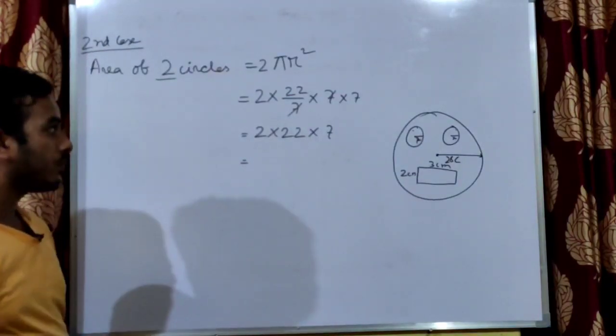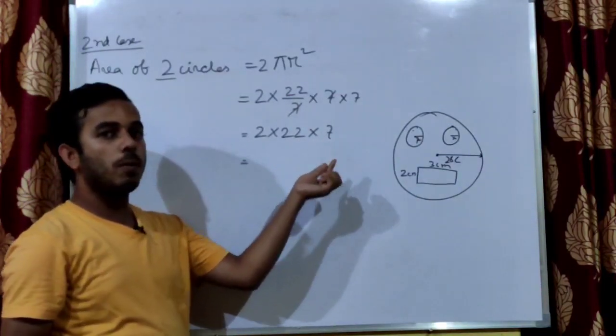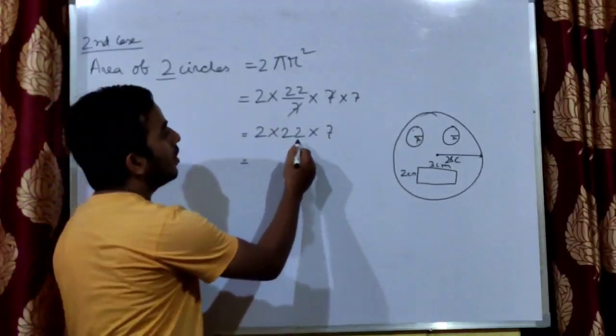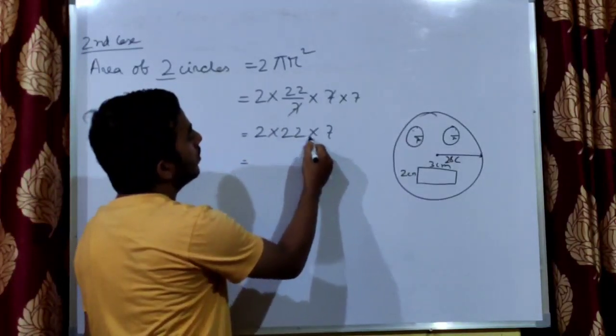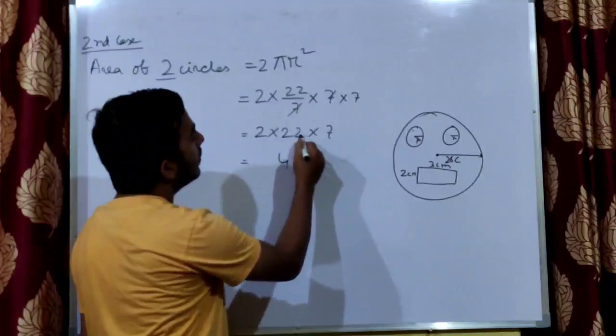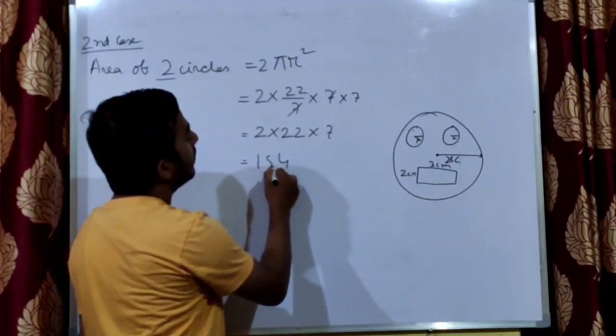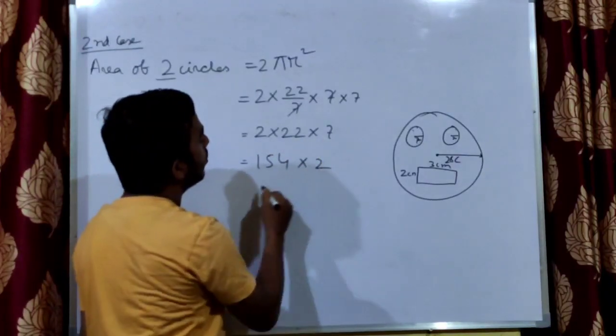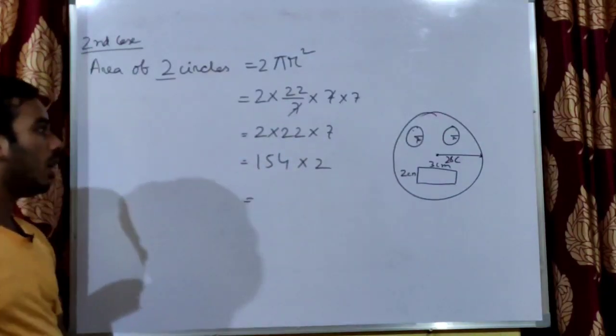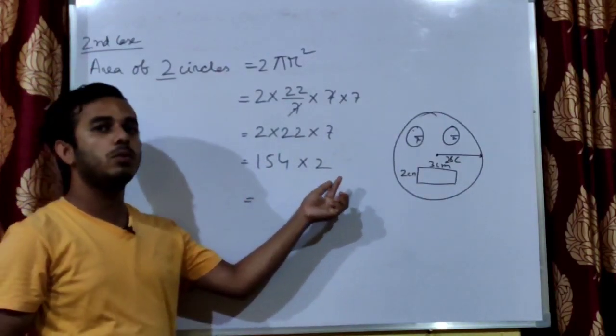Now 22 into 7 is how much? 22 into 7, 154 into 2. Now we will multiply 154 with 2.